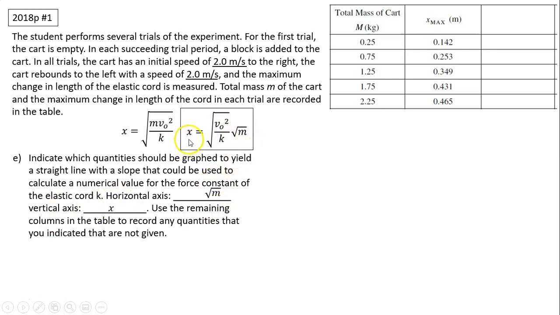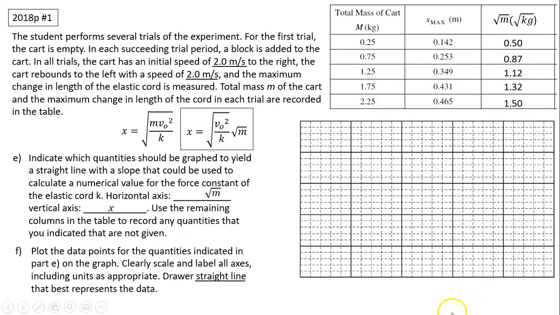You can say, I can square both sides, then this would be m, and this would be x squared. That's fine also. Then your data table would have x squared. But I've chosen this way. The other way is not wrong at all. Okay, so I'm going to graph x max versus square root of m. So I take the square root of all this column to get my data.